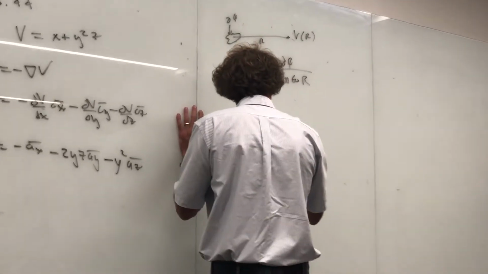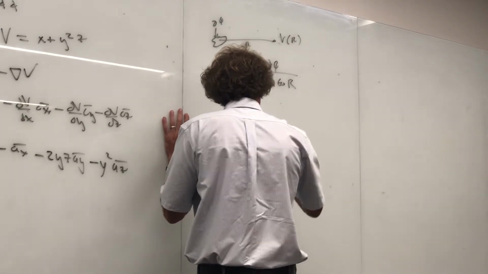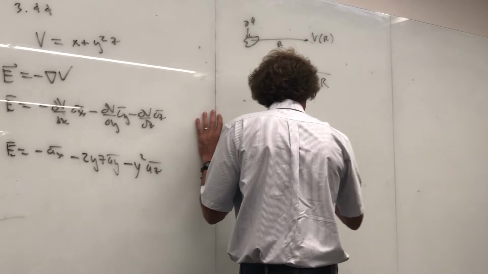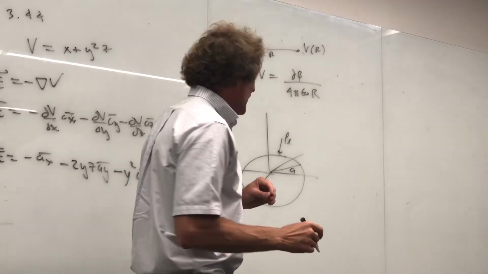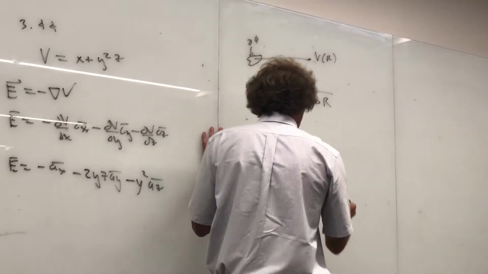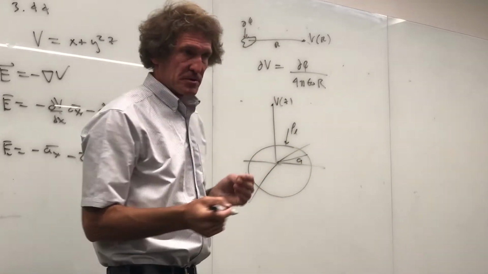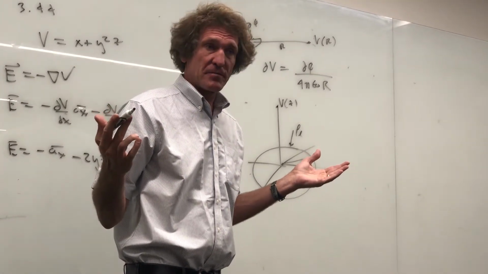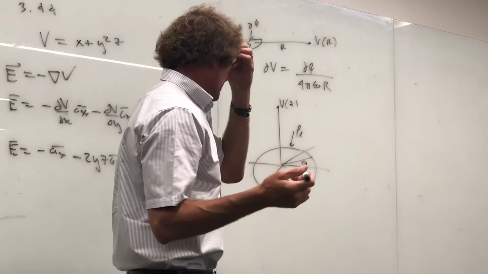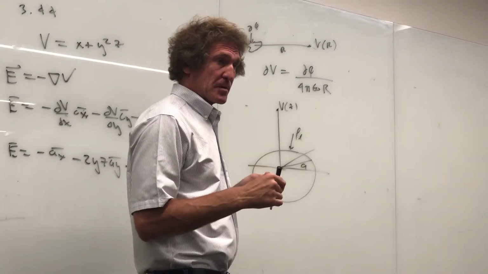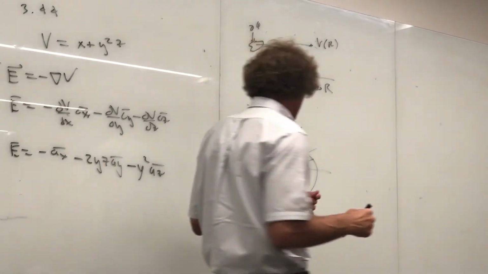If we had a loop, and we had a line charge density, rho L on that loop, at a radius a, and I want the voltage at a point z. Does everybody realize that's a finite amount of charge, right? It's just a ring. There's a certain amount of charge density, and the total charge would be rho L times the perimeter of that loop, or the circumference of this circle.